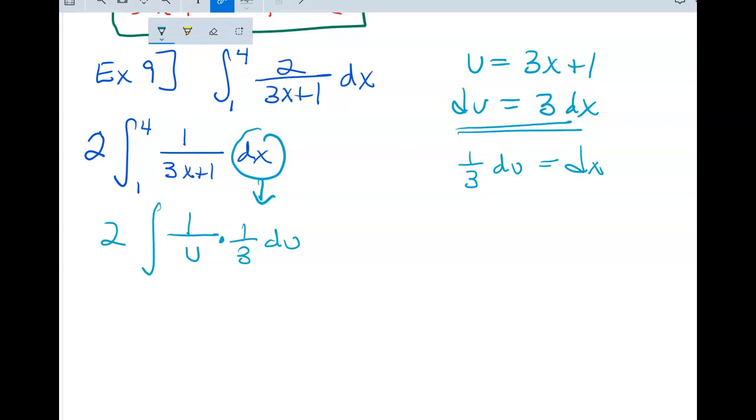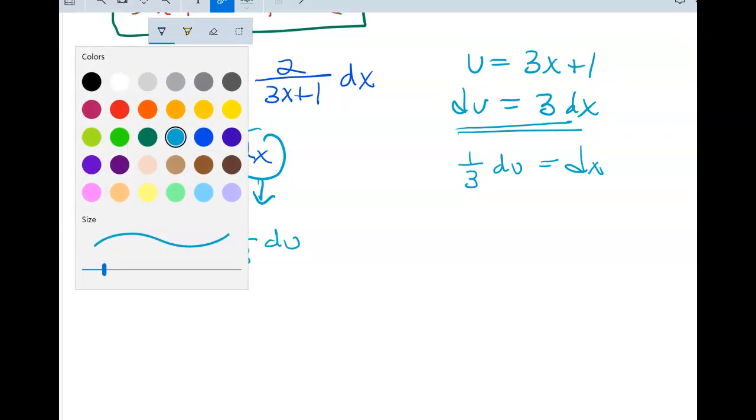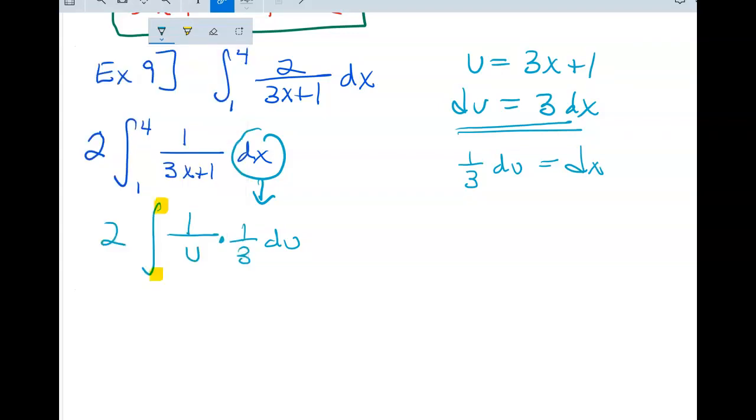Now what we have to be really careful about is what goes here and here on the integral. Those are assumed now to be x values. I'm sorry, to be u values. So the originals were x values. So if x is equal to 1, then u is equal to 3 times 1 plus 1, which is 4.